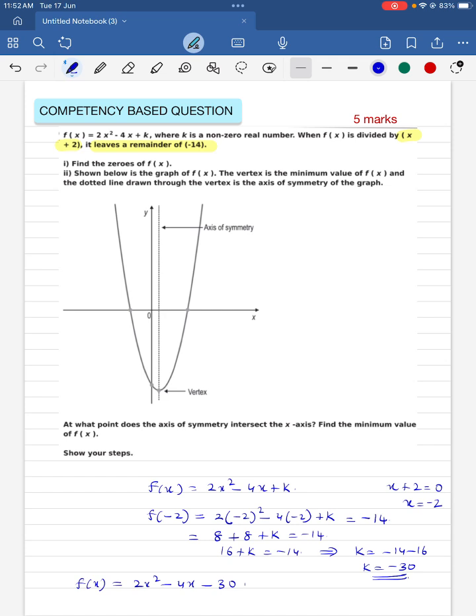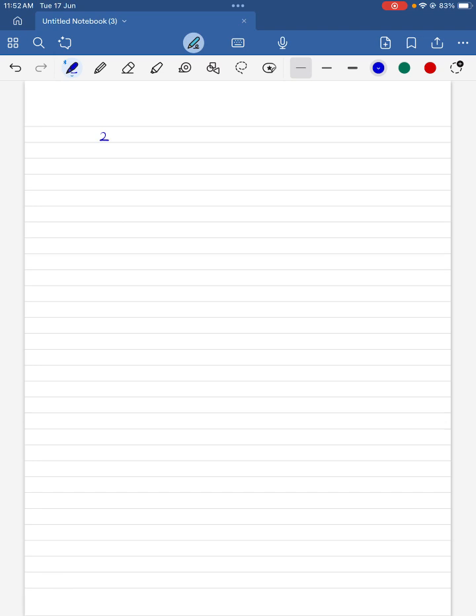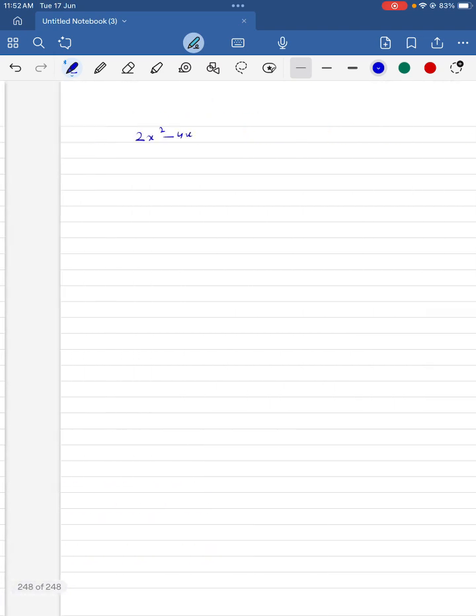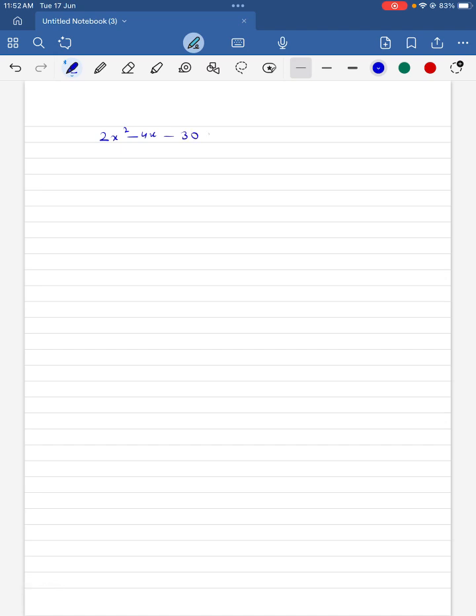Now we can easily find the zeros of the polynomial. How do we find the zeros? We can split the middle term. So 2x squared minus 4x minus 30. Let me split the middle term. 30 times 2 gives me 60. So I can split this into minus 10x plus 6x minus 30.